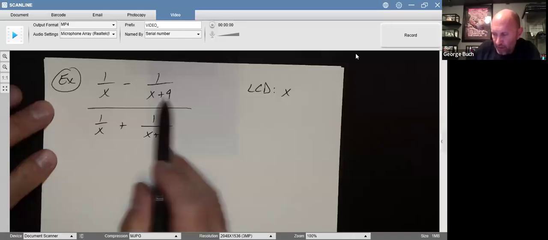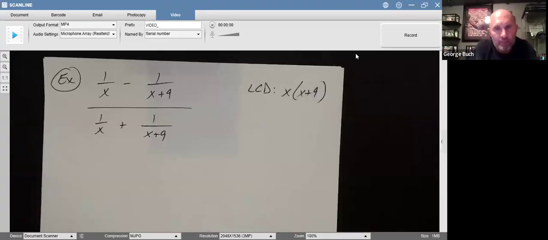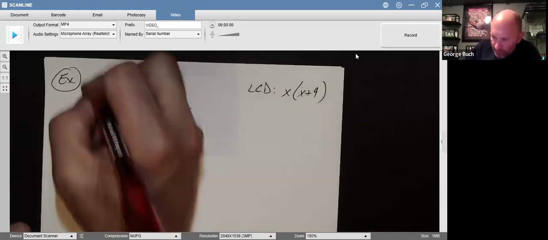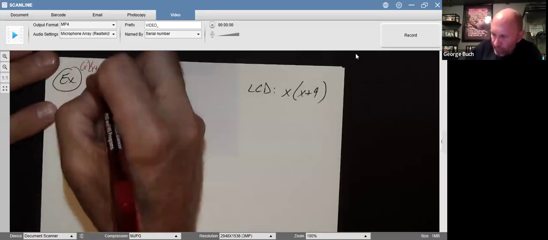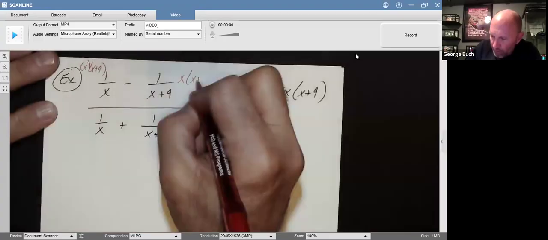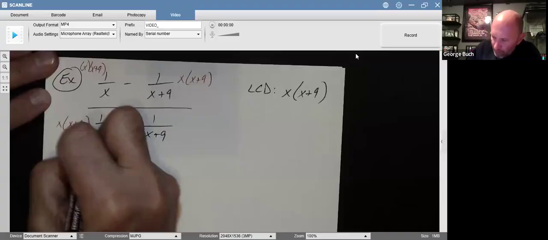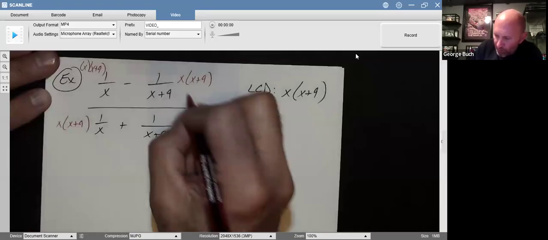I have an x plus 9 and an x plus 9, so I need an x plus 9 in my LCD. So we multiply everything by x times x plus 9. These are all over 1 if you want to make sure you don't mess up the fractions.